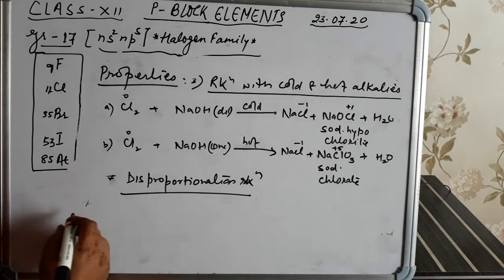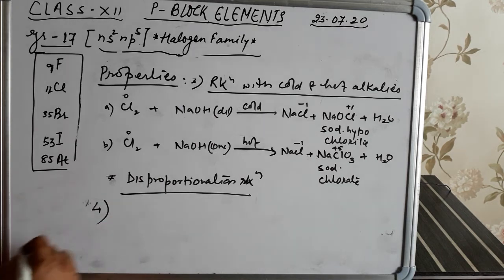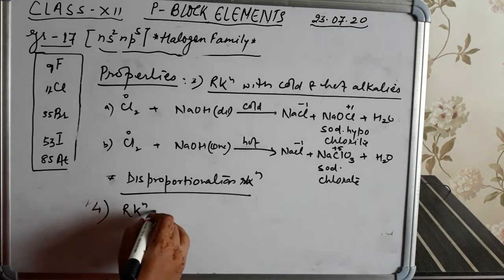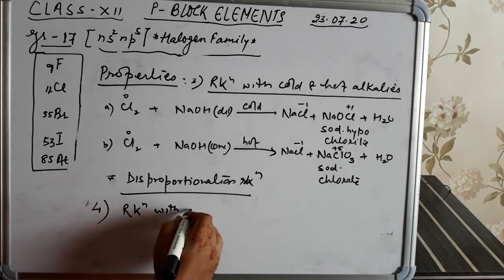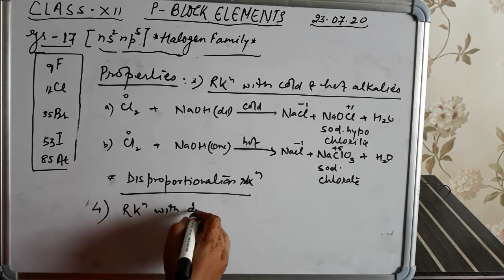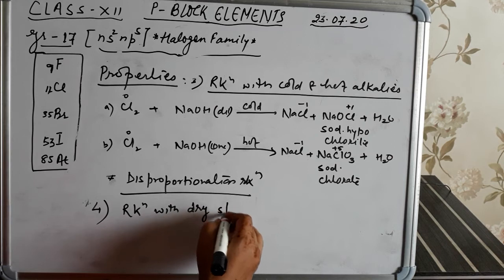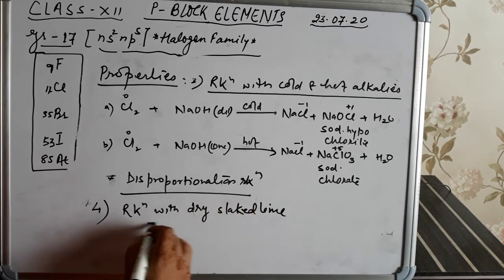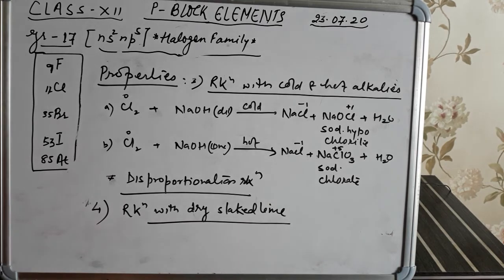So next, the next reaction is the reaction with dry slaked lime. Chlorine reacts with dry slaked lime to form bleaching powder.